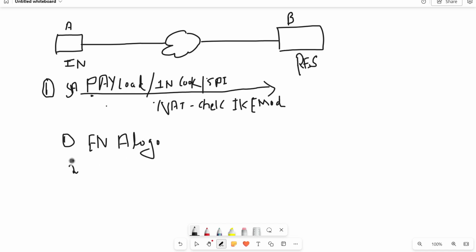What else will be there? The second will be the authentication algorithms. What are the auth algorithms? I am writing it in short form, algo. Third, the DH group. Which DH group will be used?